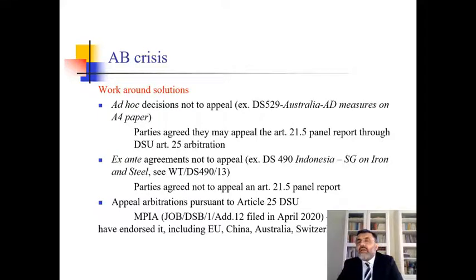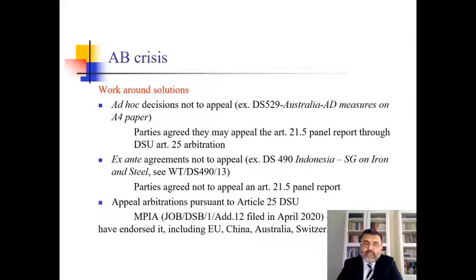Now, several solutions have emerged in this period to find a way around this crisis. For instance, there have been ad hoc decisions not to appeal, right? In one case, for instance, parties agreed that they may appeal their implementation panel under Article 21.5 of the DSU, not through the normal appeal mechanism, but by using the arbitration provision in Article 25 of the DSU.